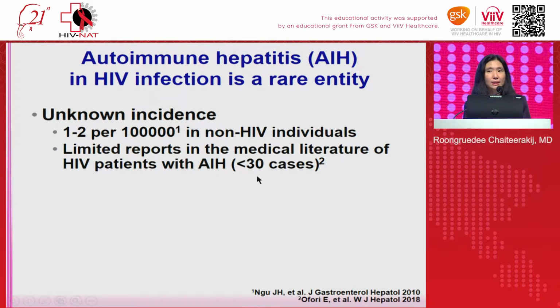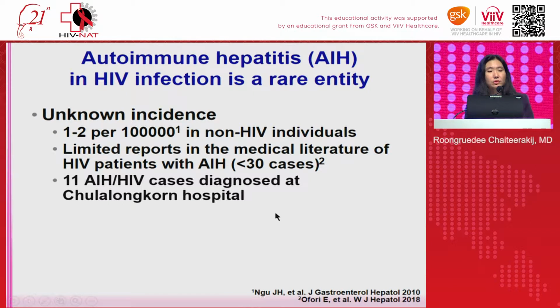But I think this number might be underreported, because in my hospital, Chulalongkorn Hospital, during the past 4 years, we identified 11 HIV-infected patients who were diagnosed with AIH. So this number might be underreported.